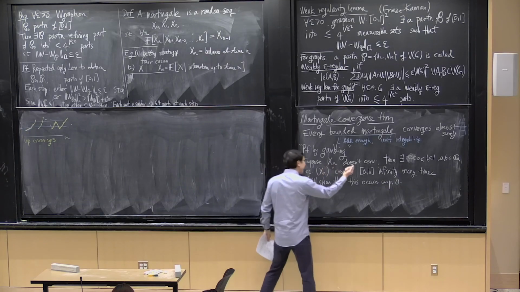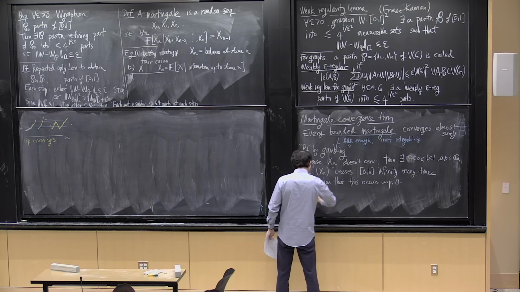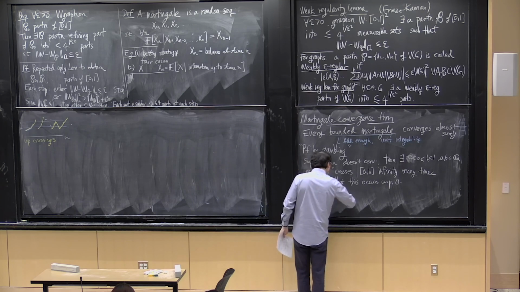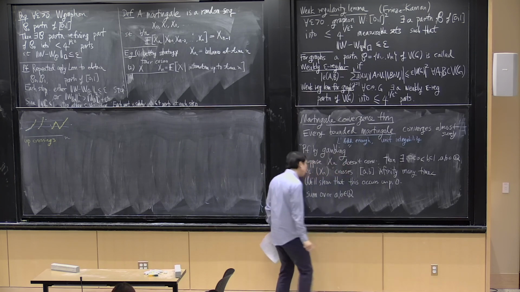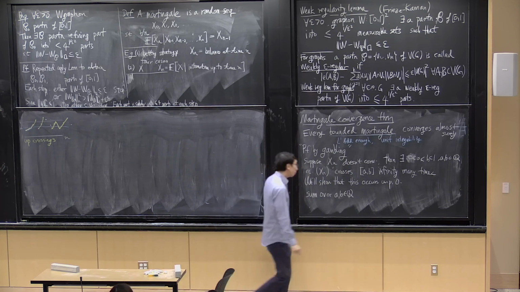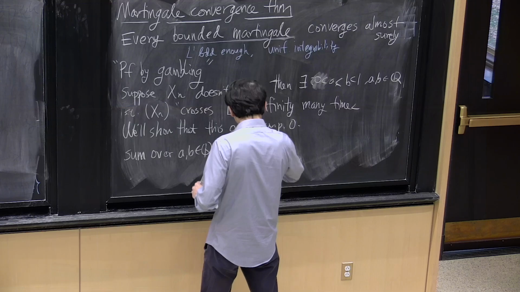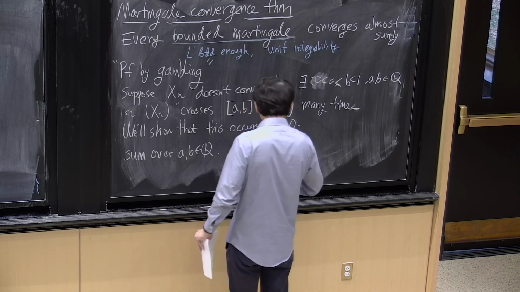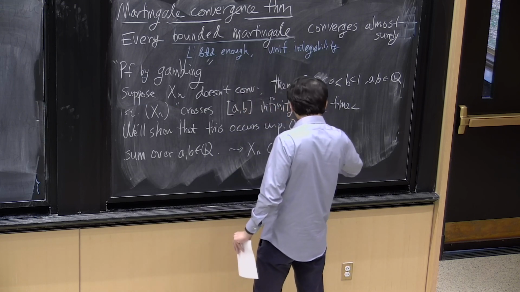And because there are only countably many rational numbers, we find that x sub n converges with probability 1.